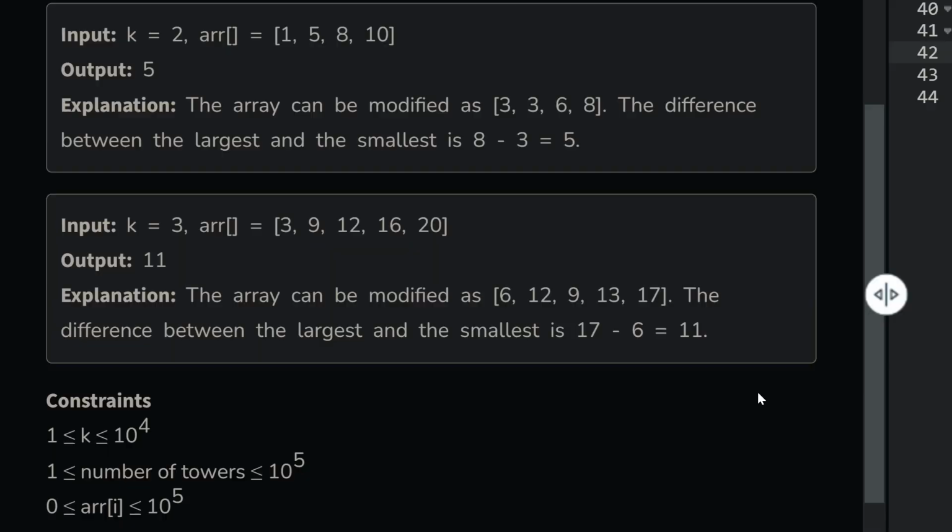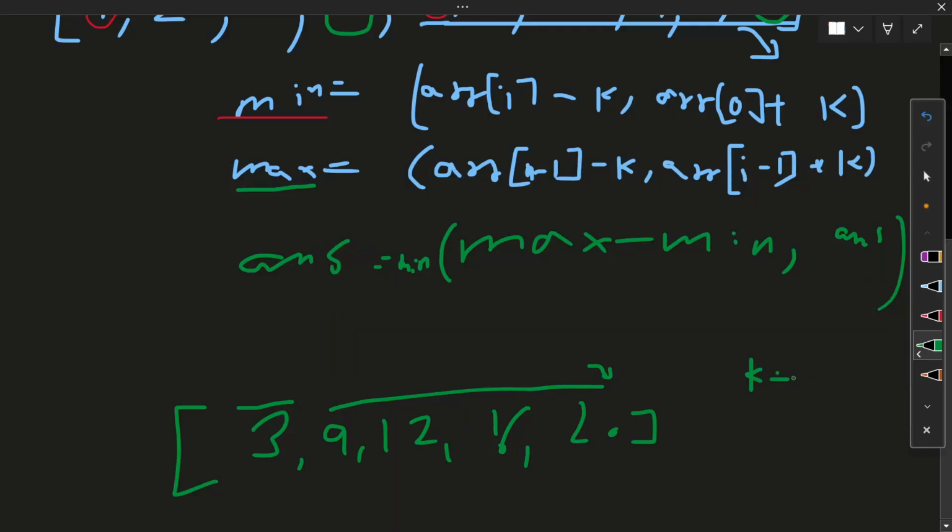Here k is 3. So this value minus 3 is equal to 6, either 6 or 0th plus k, which is 6. So either this will be my minimum value.